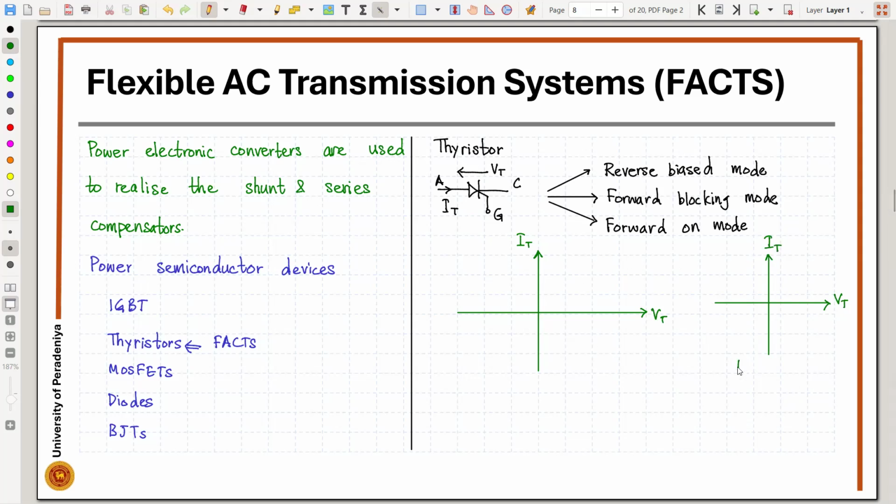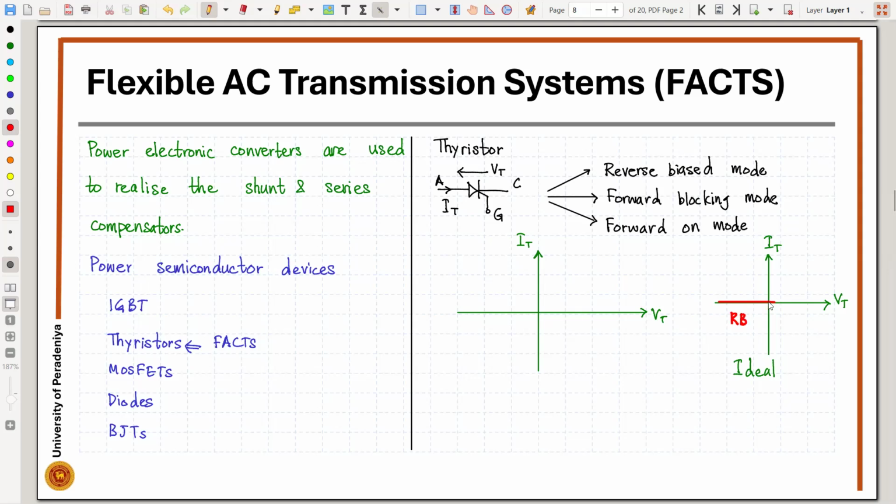We consider an ideal thyristor. An ideal thyristor will block the reverse current flow. So you can apply any voltage in the reverse bias condition, but the current will be zero. So this is the reverse bias condition.